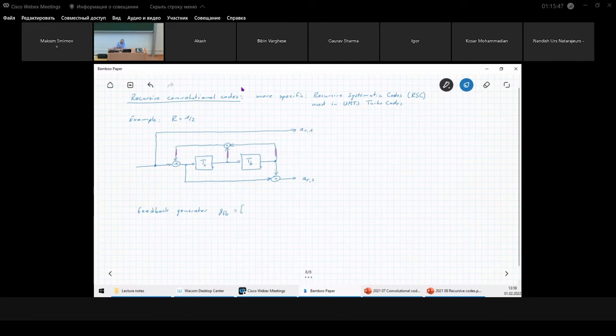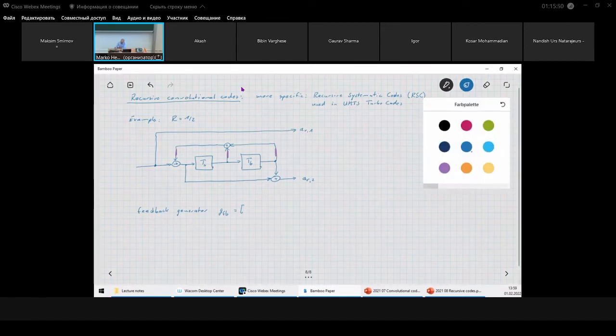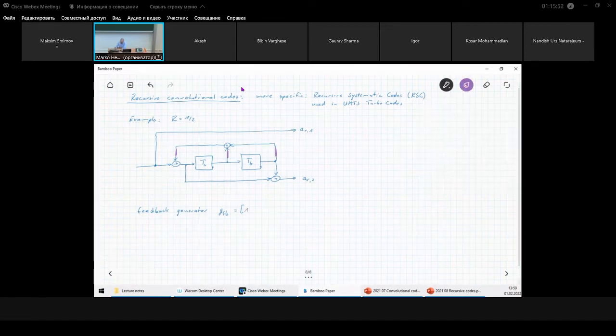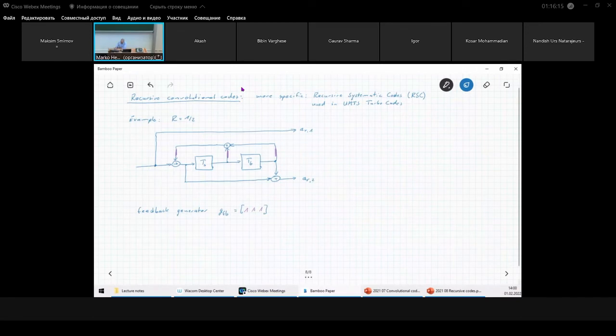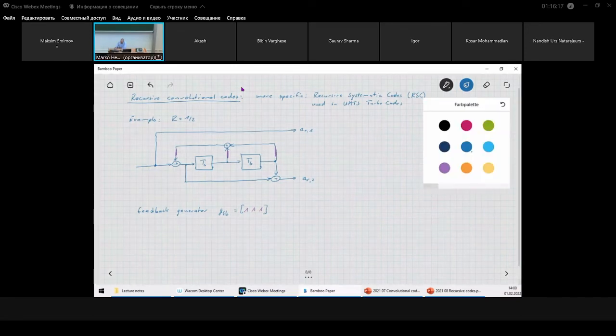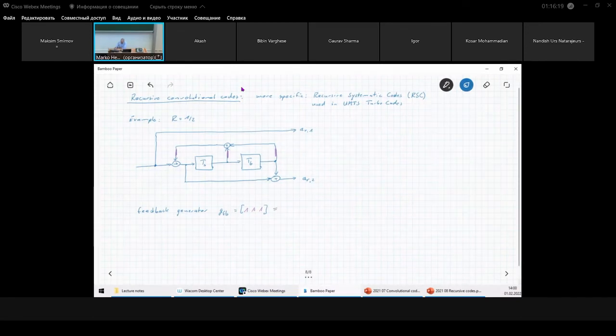We will always have the 1 at the first position, because in any case I need this first connection. Or again, in octal form, this would be 1 plus 2 plus 4. It's 7 octal.